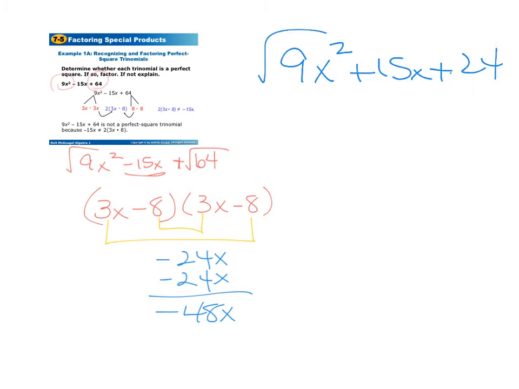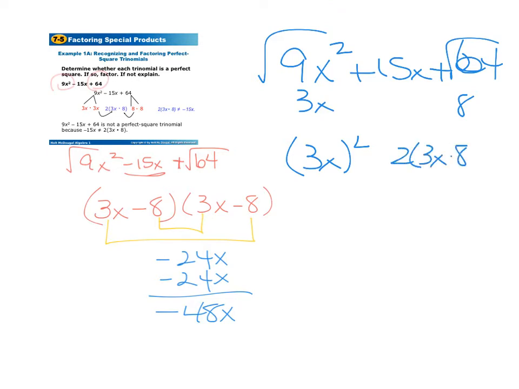So once you square root this, you see this is 3x, and that's not 24, it's 64, and that's an 8. So this would be 3x squared for the first term to be a perfect square trinomial. This would have been 2 times the 3x times 8, and then this would have been the 8 squared. So if it worked, this one doesn't work.